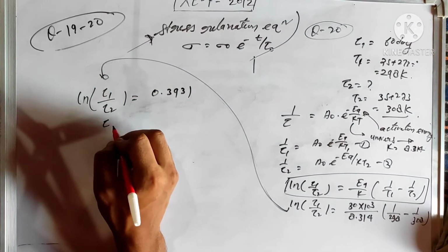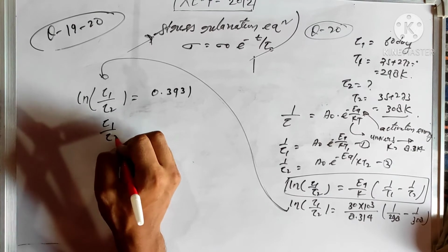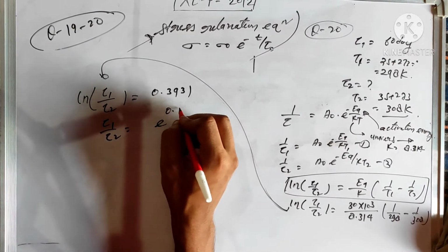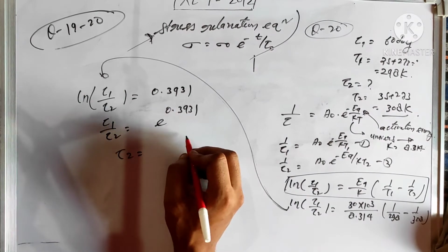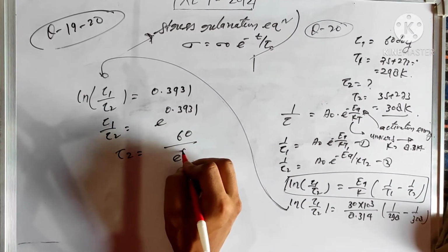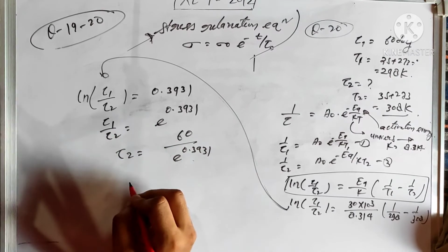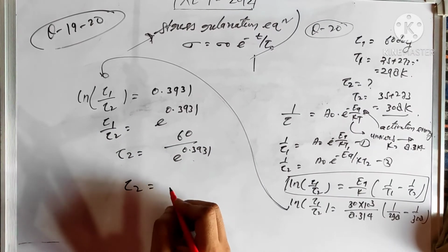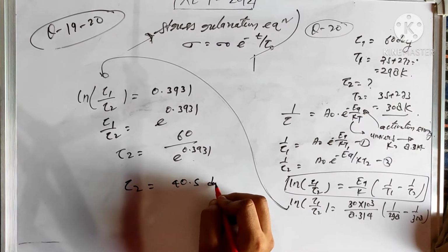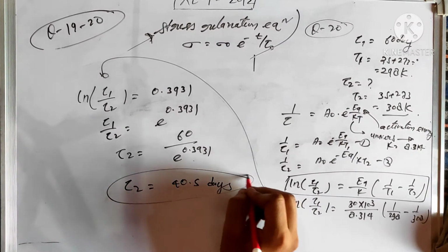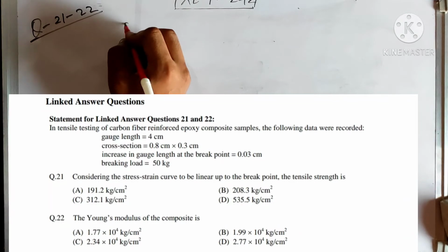Then you get tau 1 upon tau 2 is equal to e power 0.3931. Then tau 2 is equal to tau 1, given as 60 days, divided by e power 0.3931. Then you get tau 2 is approximately 40.5 days.